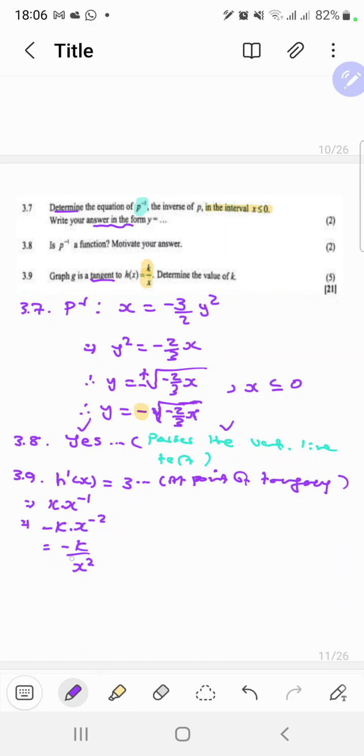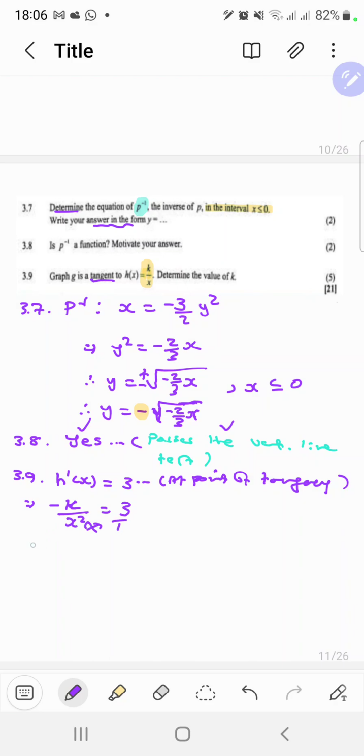So you want to take this one and plug it up there. Let's remove these ones because we don't want a complicated scenario here. So all we can see here is that we're going to end up with minus k over x squared is equal to 3, and then of course this is 3 over 1.